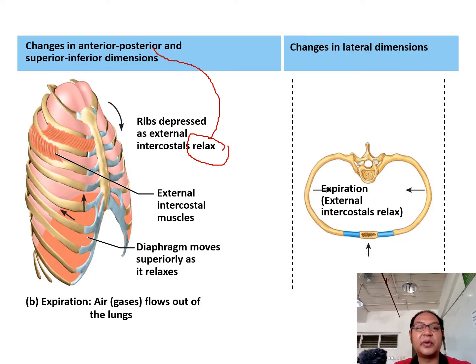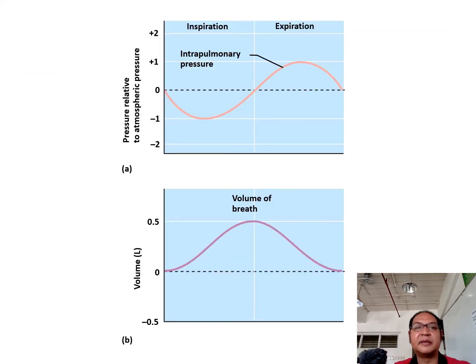And also, when the diaphragm muscle moves superiorly as it relaxes, or it becomes dome shaped again, okay, this one also will decrease, causing now an increase in intrapulmonary pressure, decreasing the volume, and exhalation will happen. Okay, so let's see.